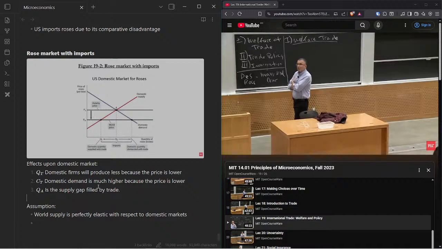And so if the supply is inelastic, that means they can't change how much they're producing easily.